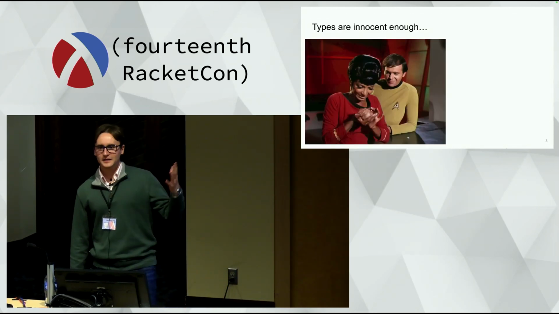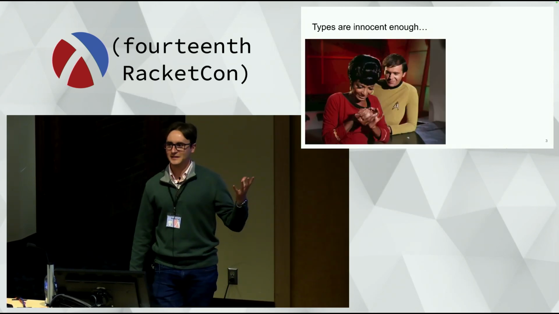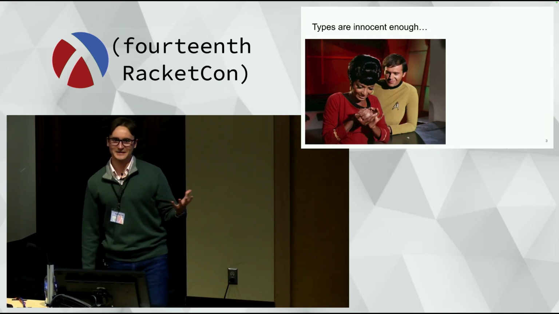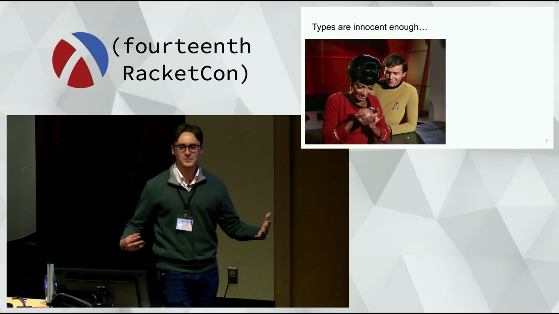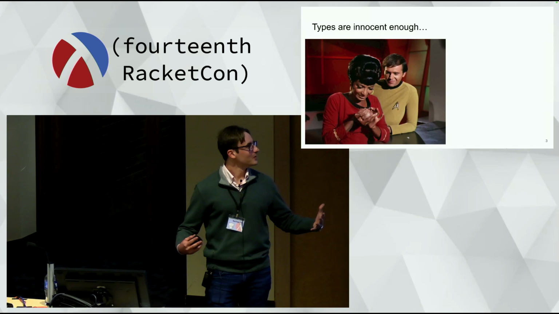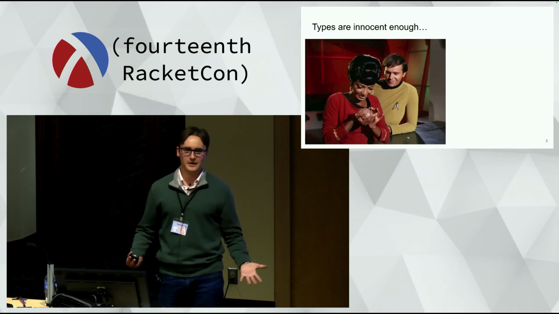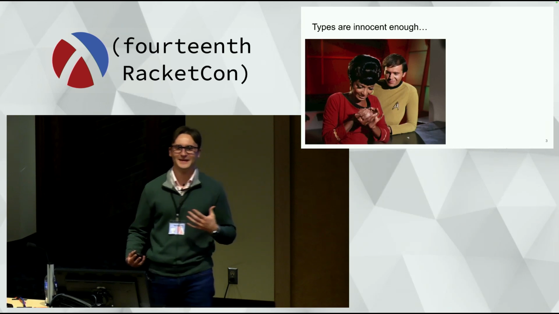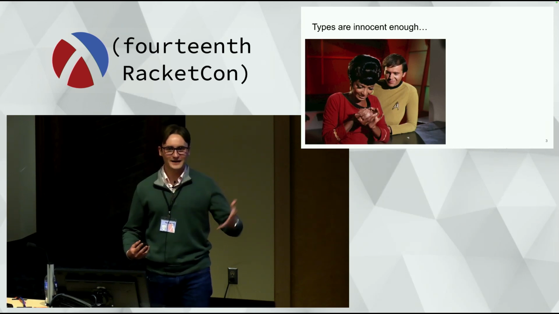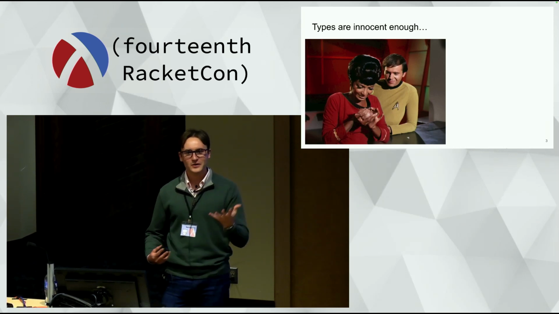So I like to think of types kind of like tribbles. When we have an untyped program and we let in types, it's like, what's the worst that could happen? They make our code cuter.